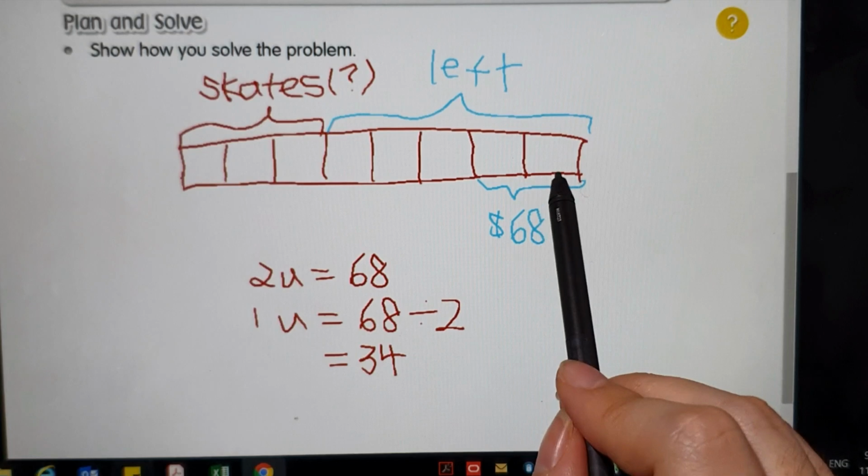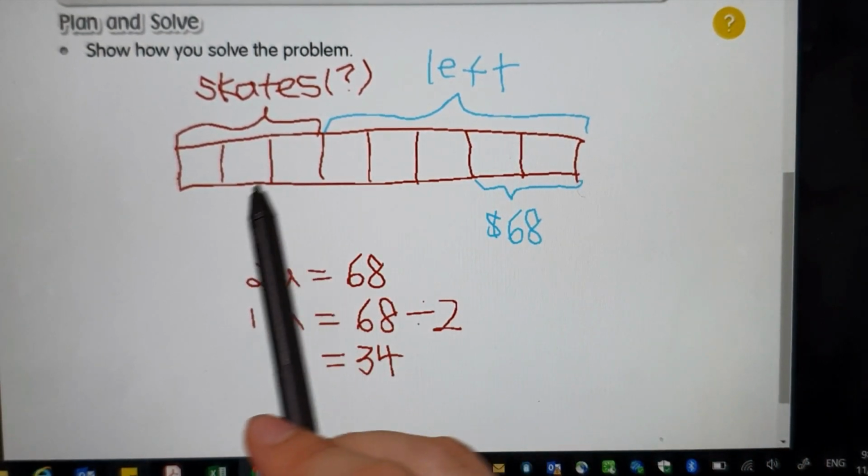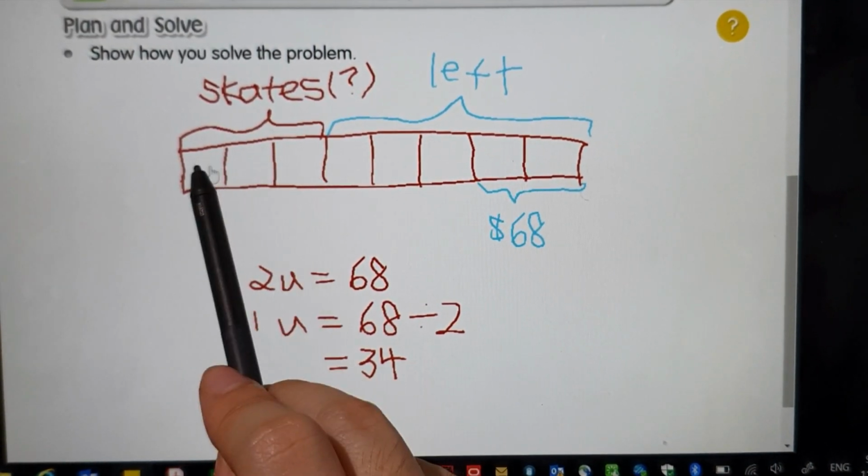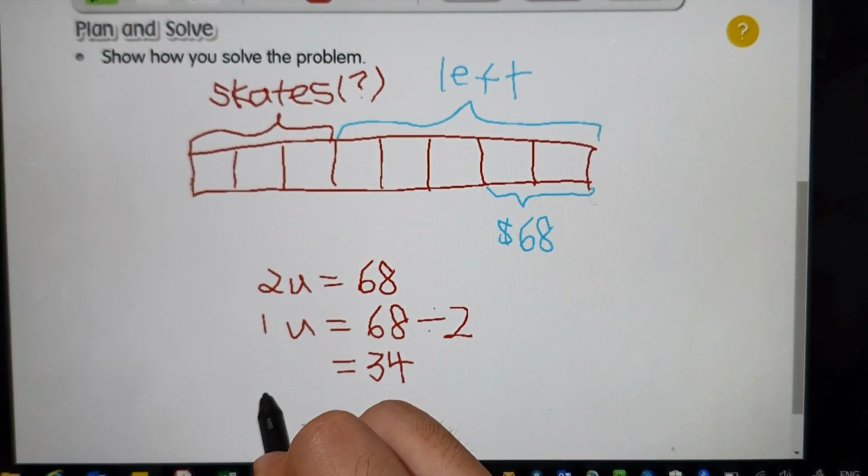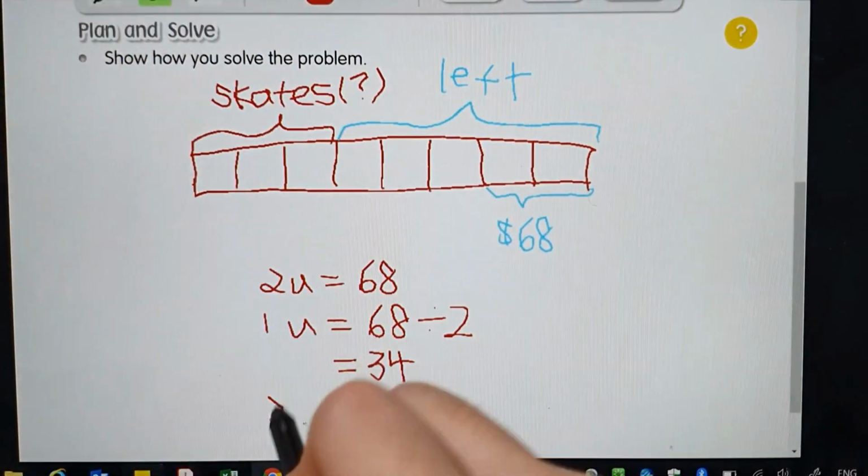Since I know that 1 unit represents 34, and the amount of money he spent on his skates is actually 3 units, I can just move on to find what 3 units is.